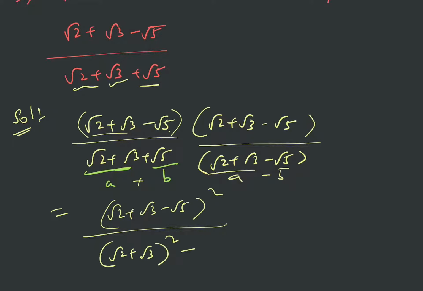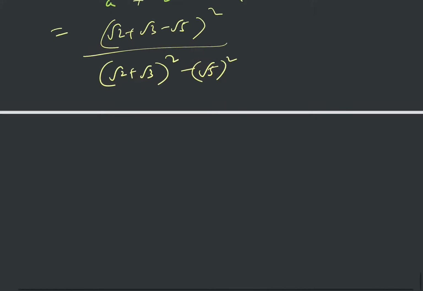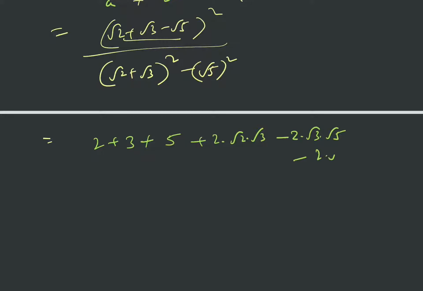So this is root 2 plus root 3 whole square minus root 5 whole square. So numerator, you can use the formula of a plus b minus c whole square. So that will be a square plus b square plus c square plus 2 into root 2 into root 3 and minus 2 into root 3 into root 5 minus 2 into root 2 into root 5, right? So this is a plus b minus c whole square, right?